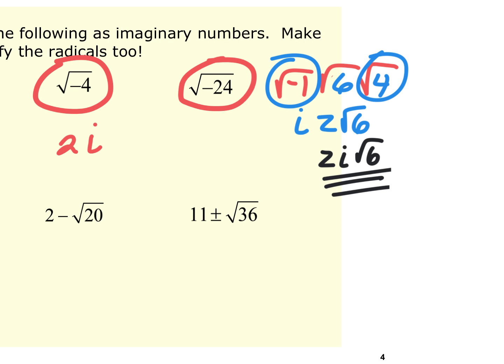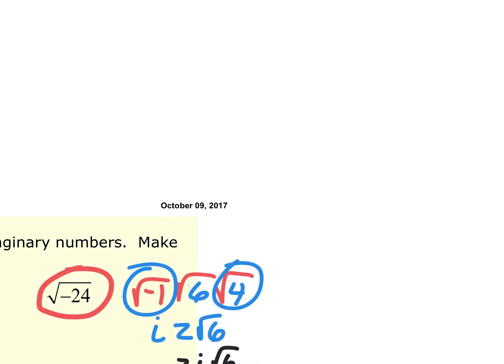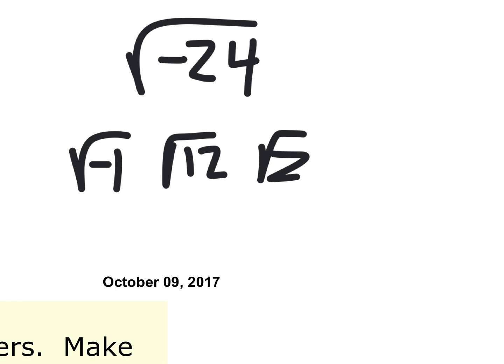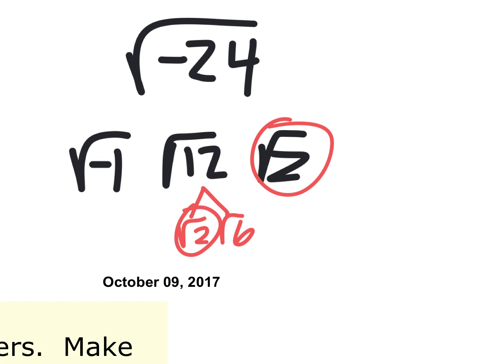Now it's valid though to look at the way Liam did it, because a lot of you are going to have this happen. You're going to notice that it breaks into root 12 and root 2, and then at least you're smart enough to remember that it's got the negative. So what's wrong with this? Well, neither one's a perfect square. If I were you, I'd just start over again. But you could have broken this up into root 2 and root 6 and then put these together and made a 2.